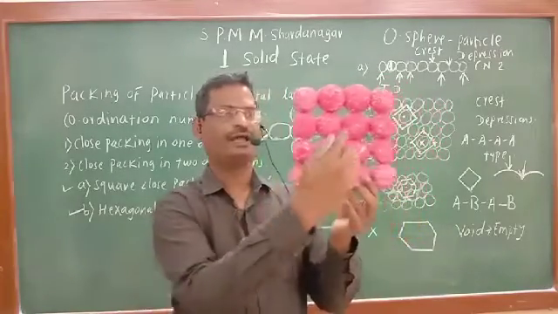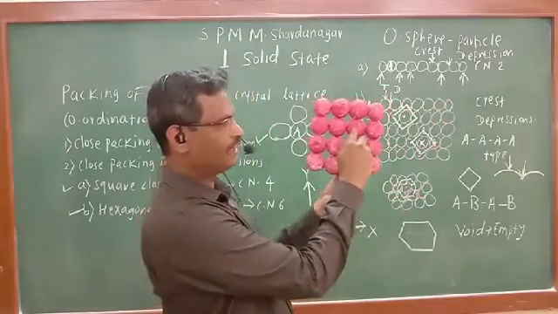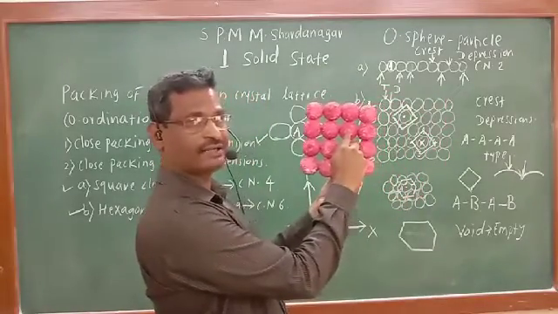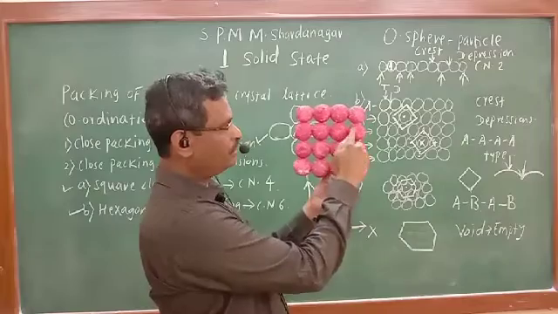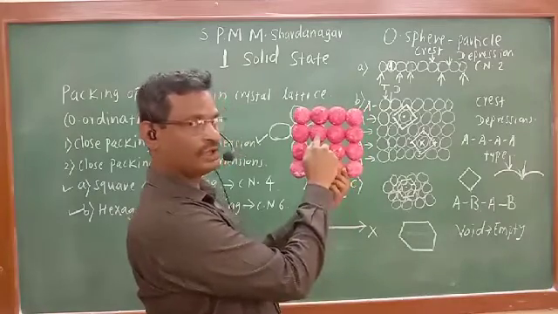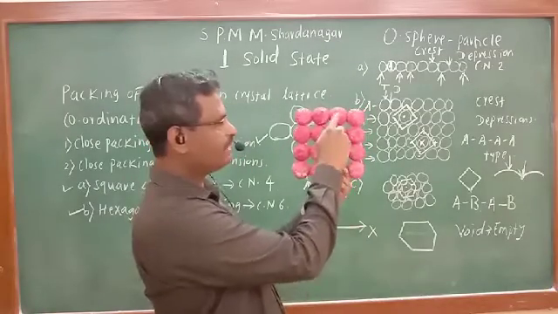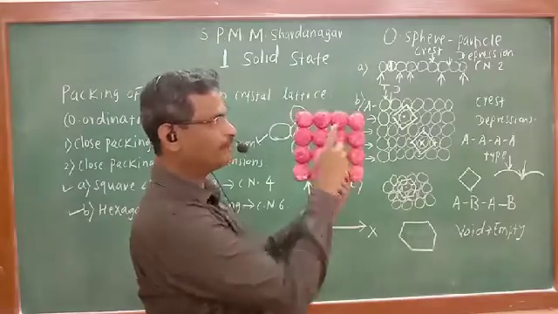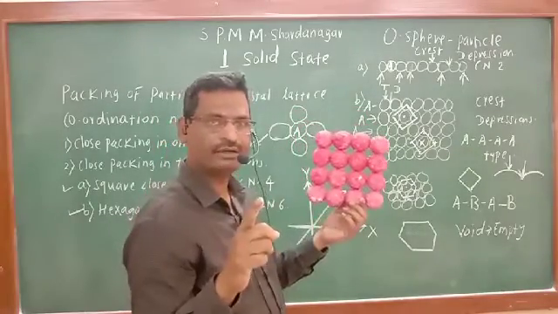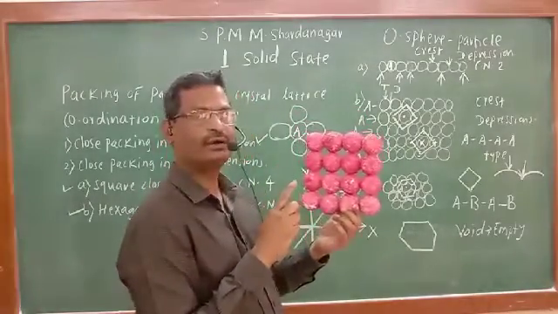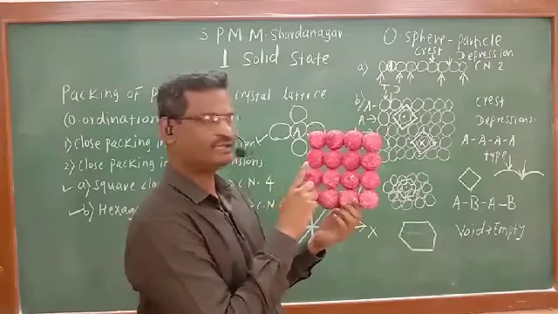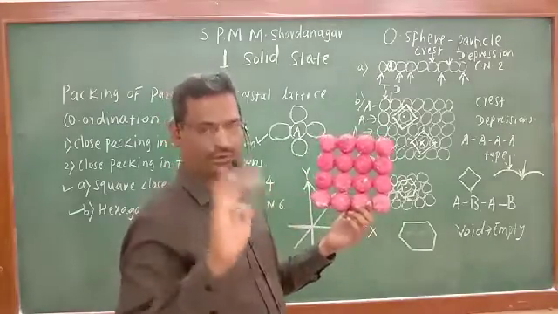And if we study this one, it is in contact with how many other spheres? 4. 1, 2, 3 and 4. If we join the centers of all these 4 together, we will get square. So it is known as square close packing, where coordination number is 4.